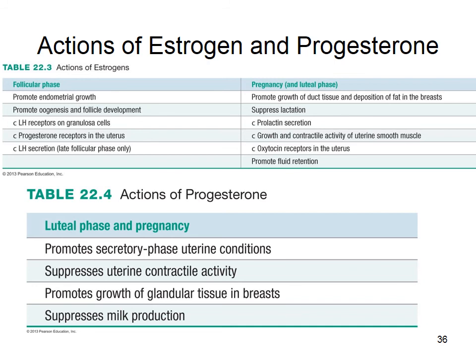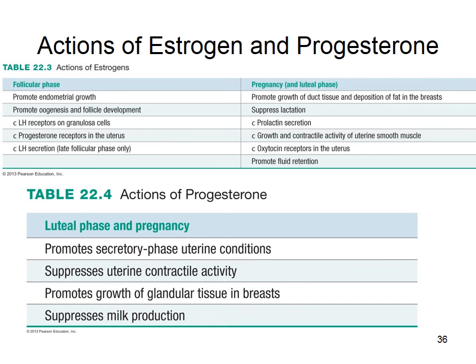It's going to increase progesterone receptors in the uterus to get the uterus ready for the luteal phase, when implantation would occur. And it's also going to increase LH secretion in the late follicular phase. That's where we get that positive feedback going on.